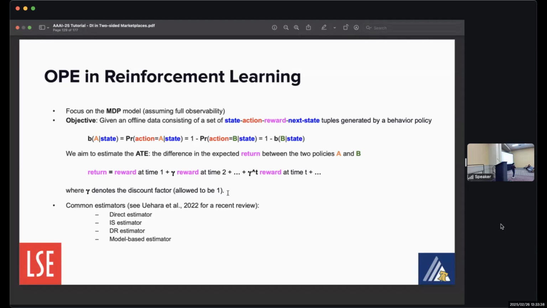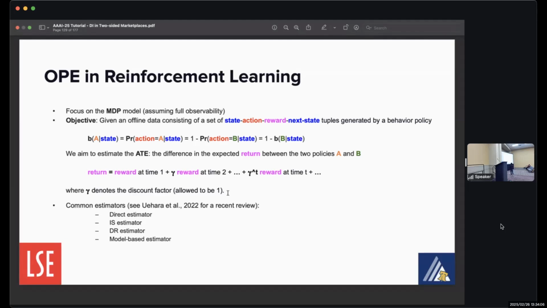This is because we consider this sequential, dynamic setting. So we are not only interested in the reward at a given time point, but the long-term reward, the cumulative reward over time. And here, gamma denotes the discount factor, and you can also set gamma equal to 1 in those finite horizon settings. So basically, the return then becomes the sum of those rewards.